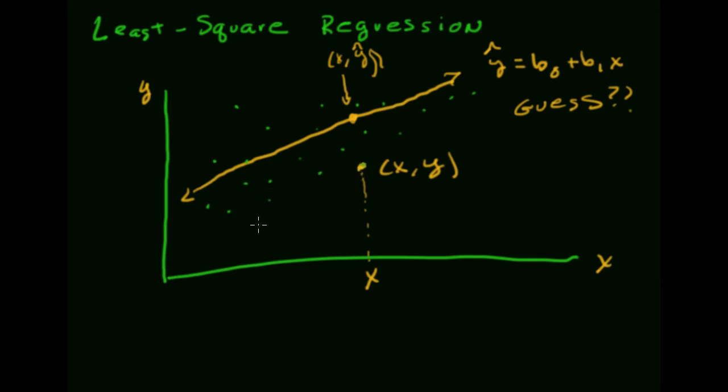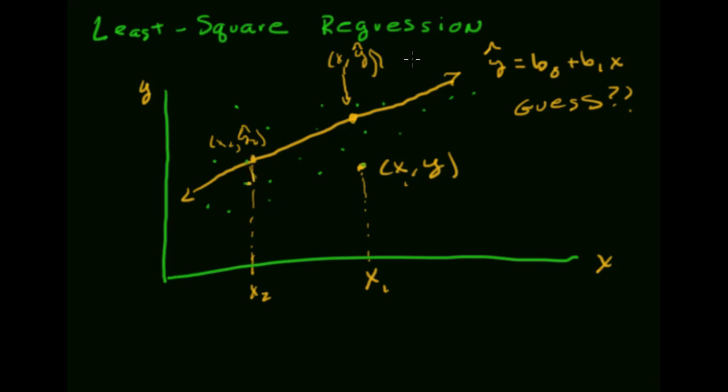But if I picked this x value, we'll call this one x1 and we'll make this one x2, I go up here, the prediction for x2 is there, so this would be y hat 2 for x2, and perhaps this is the actual value, so this one's not off as bad.